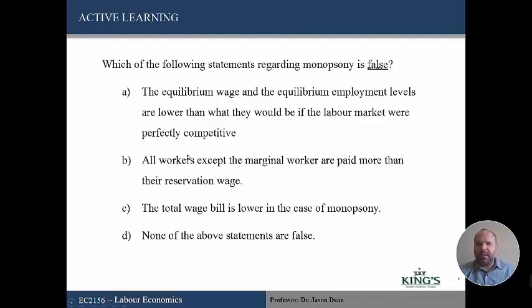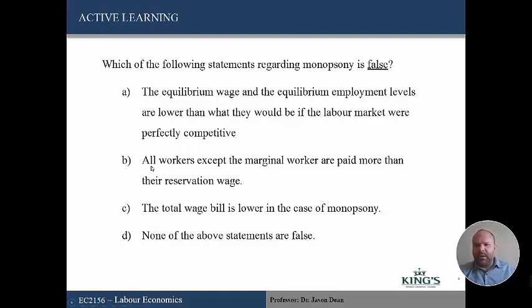Well, A we know is true. That's what we learned in our model. We learned that the equilibrium would end up being one in which the wage and employment levels were lower.